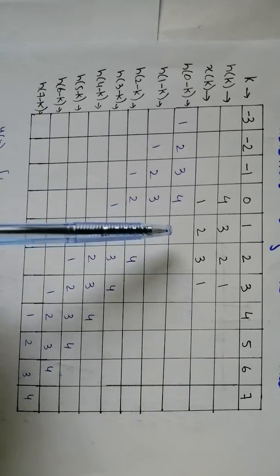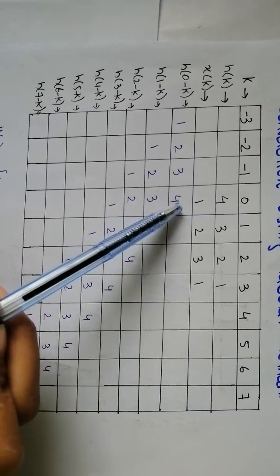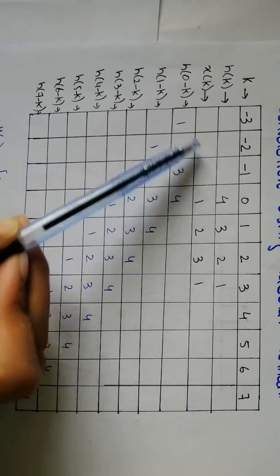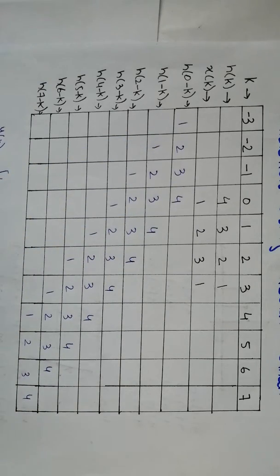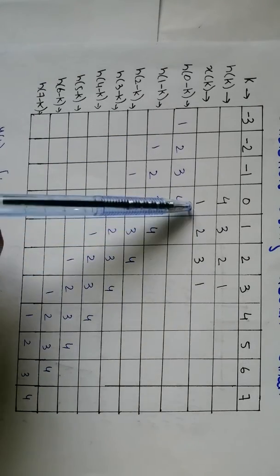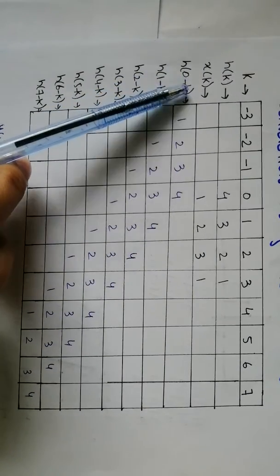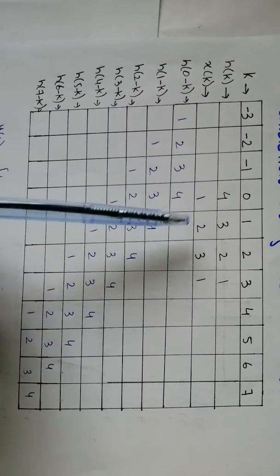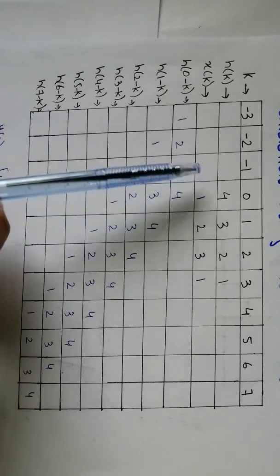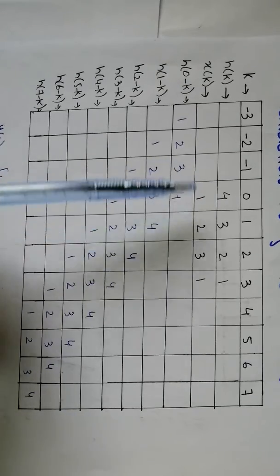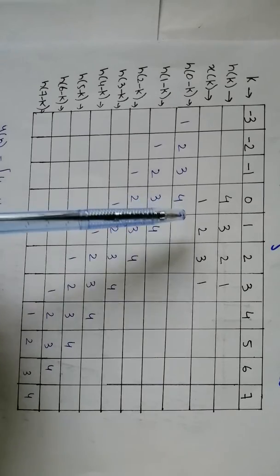Then we'll multiply and add them, because convolution is the summation of the multiples of h of minus k and x of k. So the only value we get is 4, because here is 0, here is 0, so there will be no values on this side.